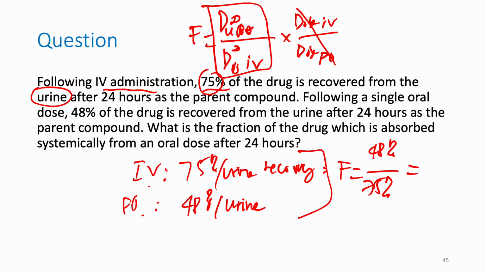You can still calculate F using this equation, and F will be 0.64 or 64%. So from this indirect data, you can still calculate and predict that the fraction of the drug absorbed systemically from an oral dose after 24 hours is 0.64, or 64% of the drug orally is absorbed after 24 hours.